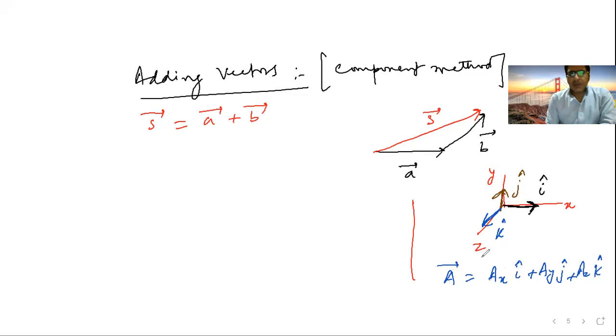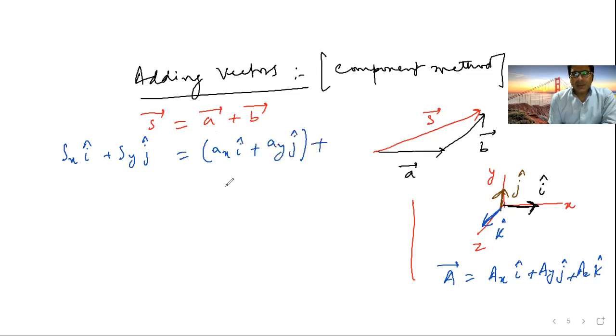Now coming back to this sum, let there be a vector A and a vector B, and S be the resultant vector. Let them be two-dimensional vectors. So I write them in the unit vector notation. So S is sx I cap plus sy j cap, and A is written as ax I cap plus ay j cap, plus B is written as bx I cap plus by j cap.